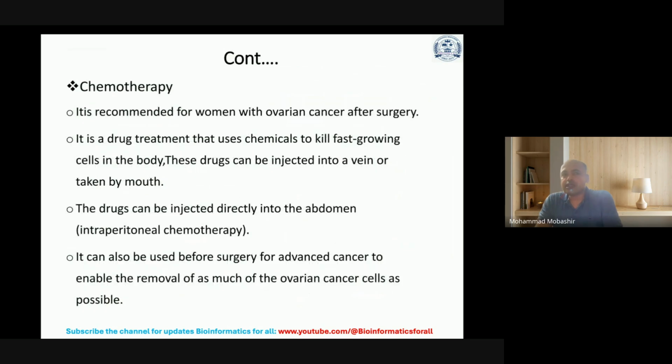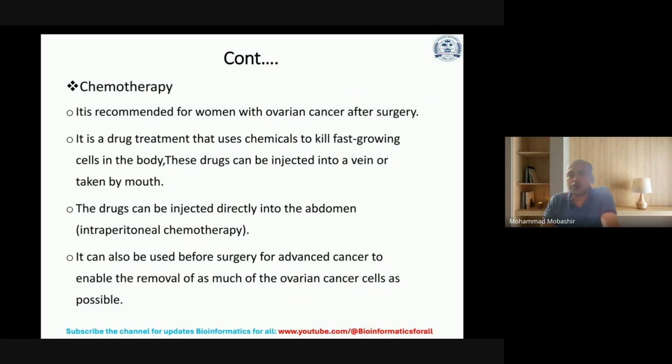Then chemotherapy. This is not that successful, but it is still used and recommended for women with ovarian cancer after surgery. It is a drug treatment that uses chemicals to kill the fast growing tumor cells. These drugs can be injected into a vein or taken by mouth. The drugs can also be injected directly into the abdomen.